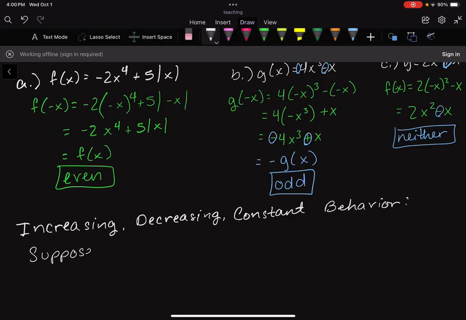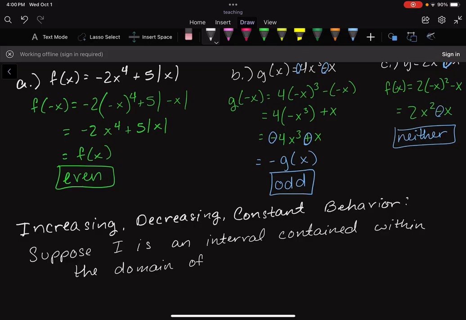Suppose I is an interval contained within the domain of function f.